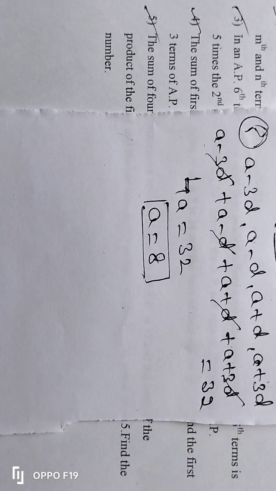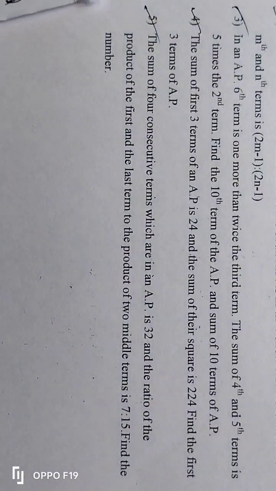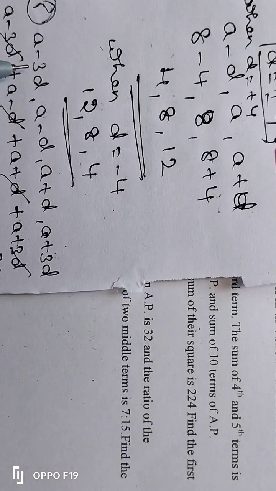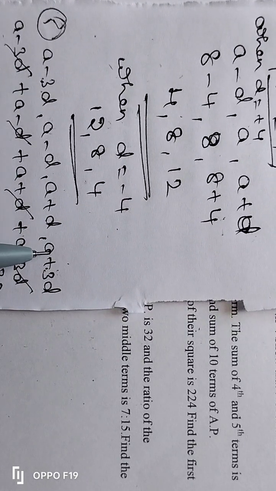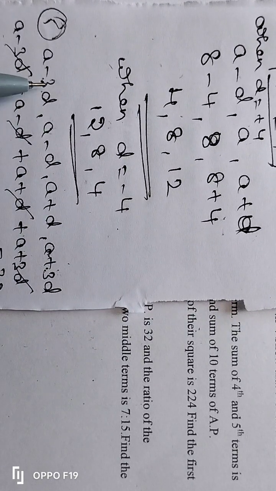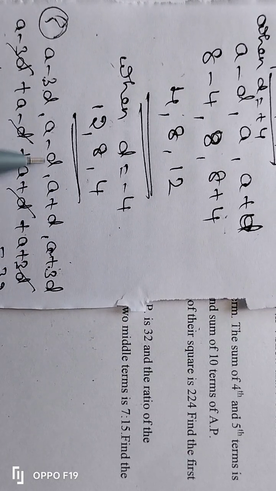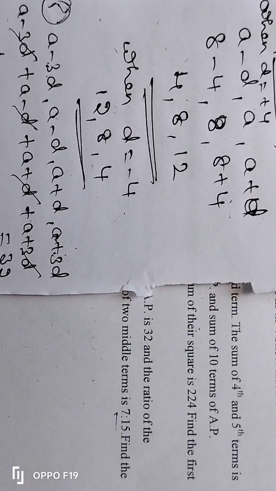After getting the value of a as 8, now let us go for the second condition, that is the ratio of the product of the first and last. First is a minus 3d, last is a plus 3d. If you multiply these two, and the multiplication of the two middle terms, the ratio will be equal to 7 is to 15.